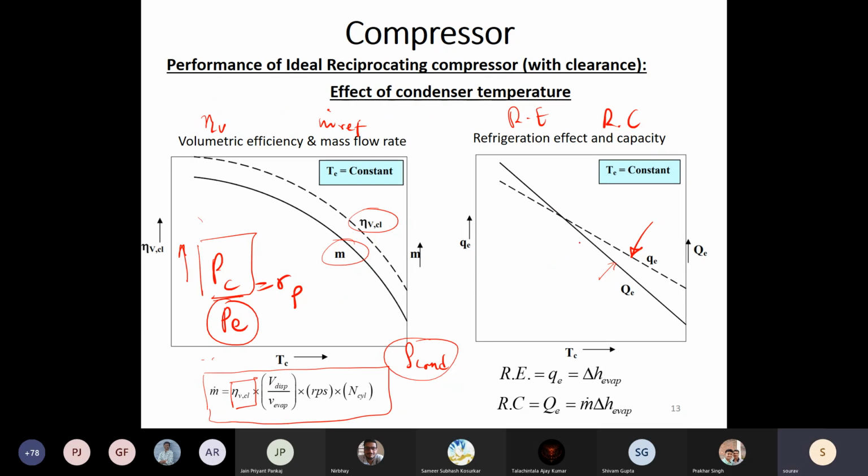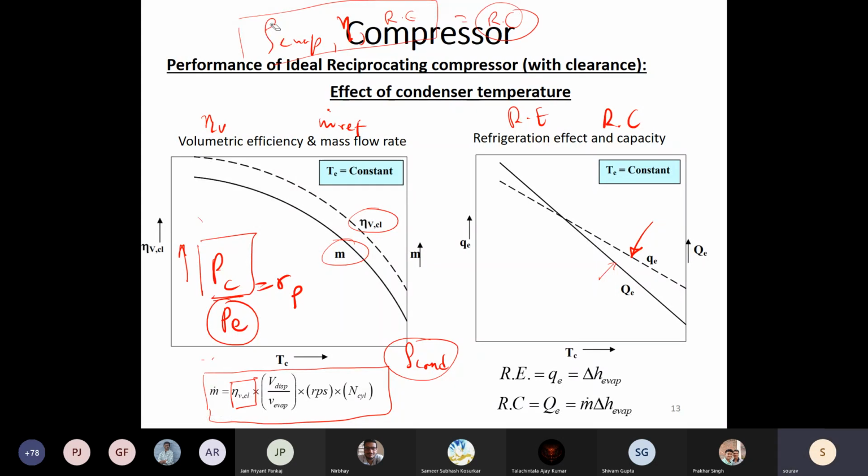In the first case, where we were changing TE, we had three effects: rho evaporator changing, volumetric efficiency changing, and RE changing. All these three got multiplied to form the RC.